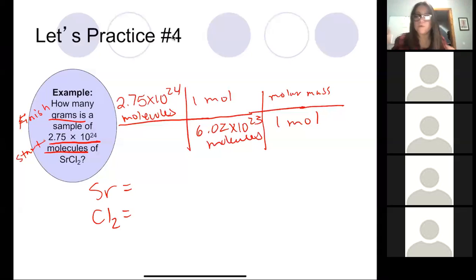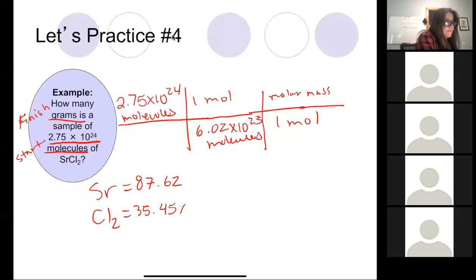Just for time purposes, I'm going to give this to you. Sr is 87.62. Cl is 35.45, and we're doing it times 2. So that is 70.90 plus 87.62.